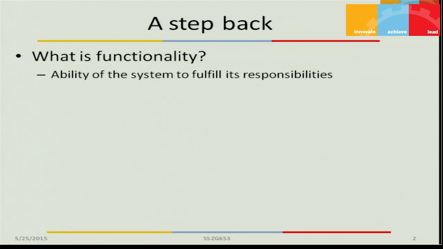So when a system is actually conceived, or when a system is in operation, in both the cases, system has a set of responsibilities or set of features. They are kind of synonymous. So essentially the system fulfills certain responsibility, it does some task. So that's basically its functionality.